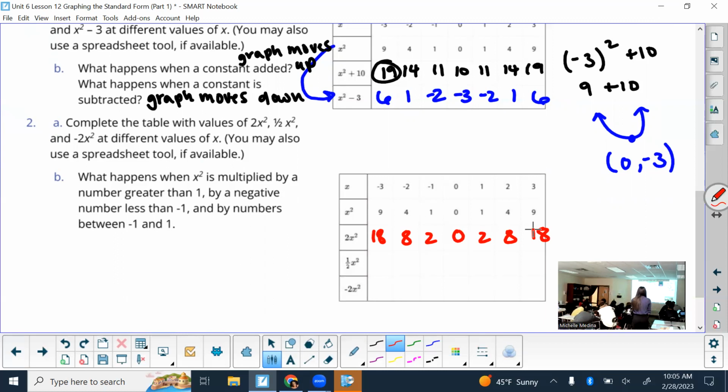Okay, so really just plugging it in, right? If you plugged it in your calculator and you got the correct answer, it would look something like this, right? Put in parentheses. But yeah, so -3 squared is 9. 9 times 2 is 18. Also, what's the only difference from this row to that row?